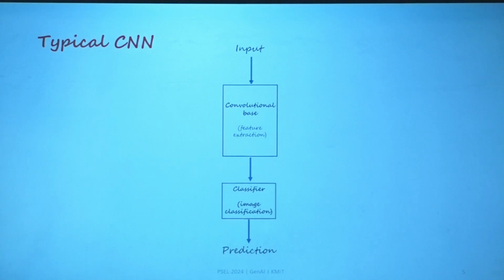Now these extracted features will be passed to the specific task of classification, which is called the classifier. So the typical CNN architecture is divided into two parts: one is the convolutional base, second is the classifier, which will classify these features into one of the labels which have been defined. Those are the two parts.